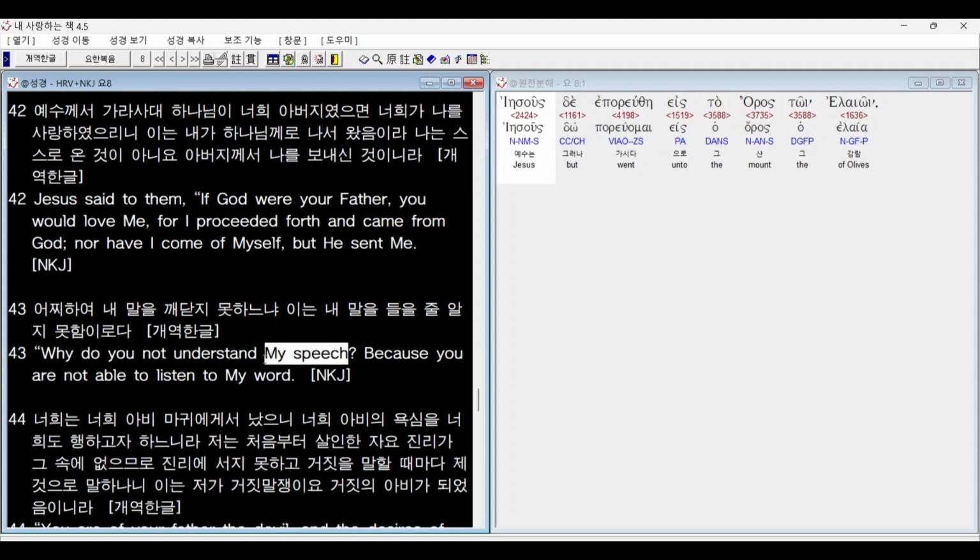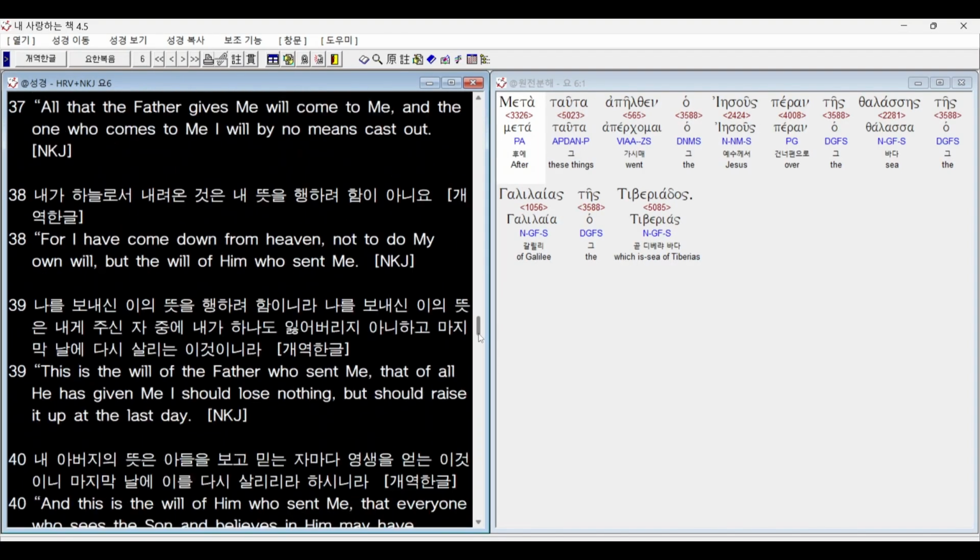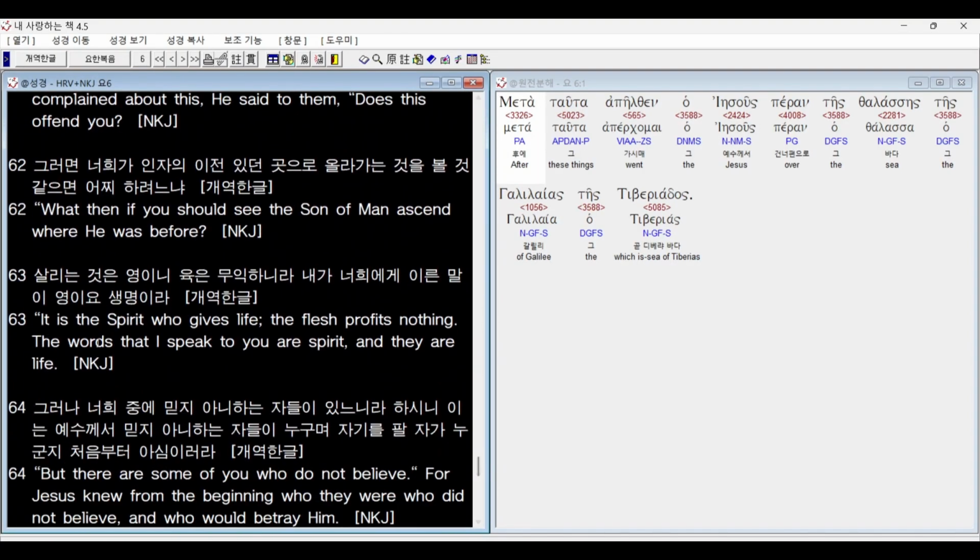Because the mouth of Christos Jesus, the Spirit of God, is coming out from his mouth, right? When we go to John 6:63, it is the Spirit who gives life.